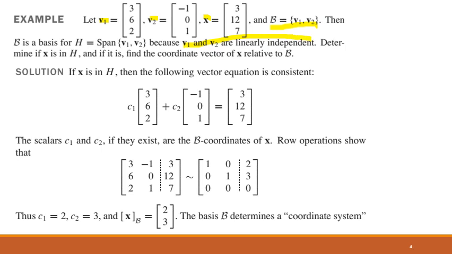Now the task is to determine whether x is in H, and if it is, find the coordinate vector of x relative to B. By using the same procedure as we solved the previous example, we can write x as a linear combination like this. This is v1, this is v2, and this is x.